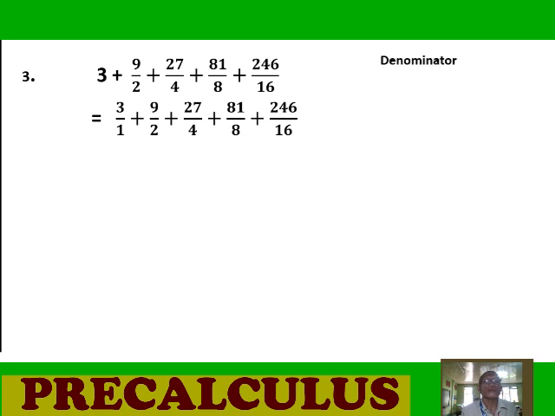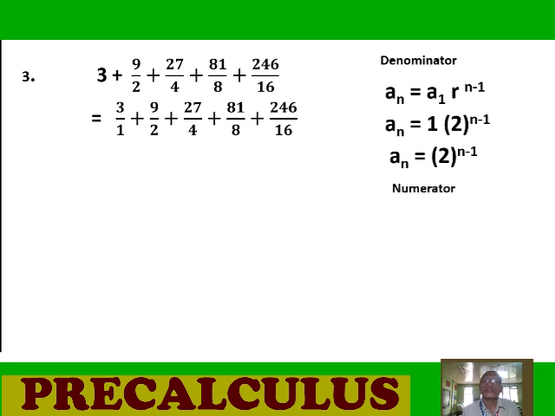The denominator forms a geometric sequence with a common ratio of 2. The first term is 1. So using the geometric sequence formula, the first term a sub 1 is 1, the common ratio is 2 to the power of n minus 1 in simplified form.